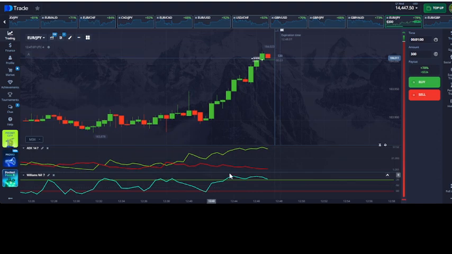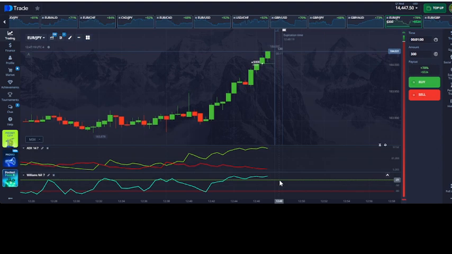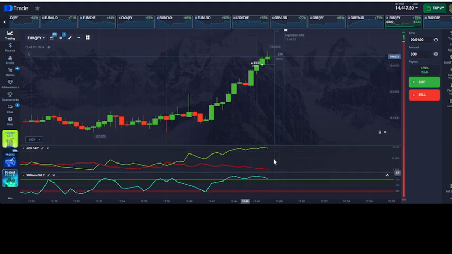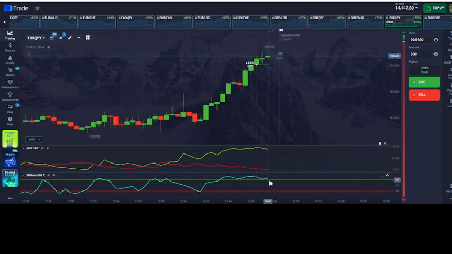In addition to that, the Williams percent R line has crossed above the minus 20 line here and continues to remain above the line here, which tells me that there's going to be a continued bullish momentum here. So we have the combination of the divergence here and the Williams percent R line above the minus 20 line here.